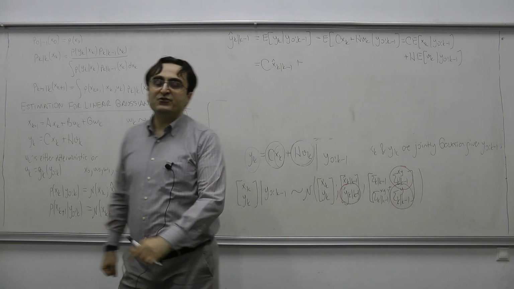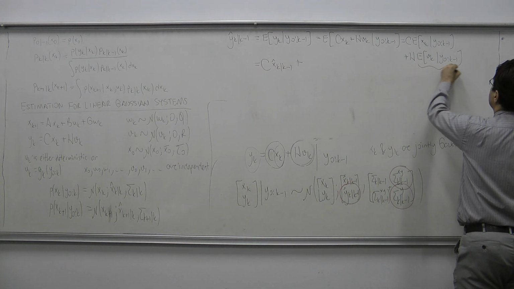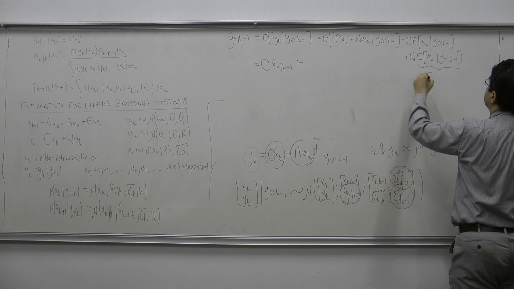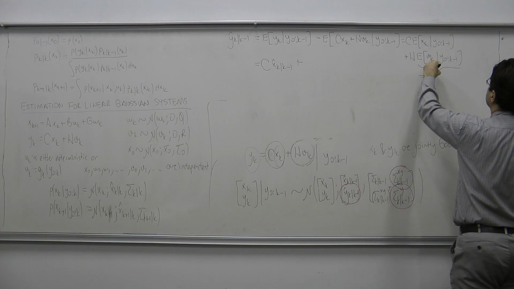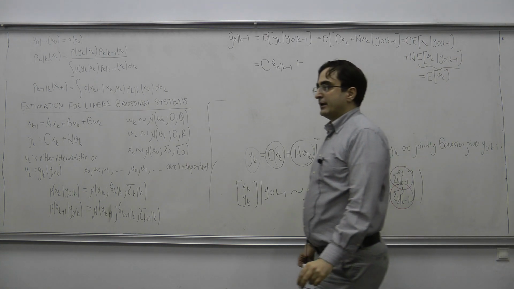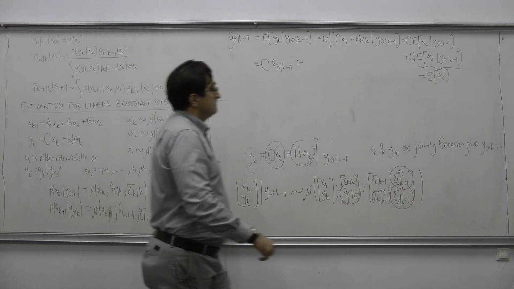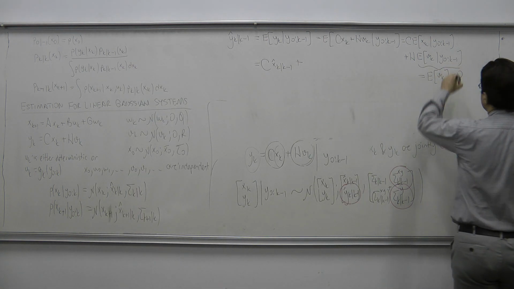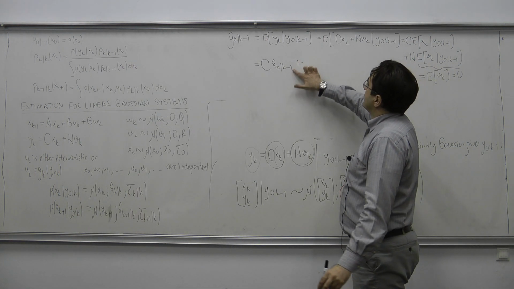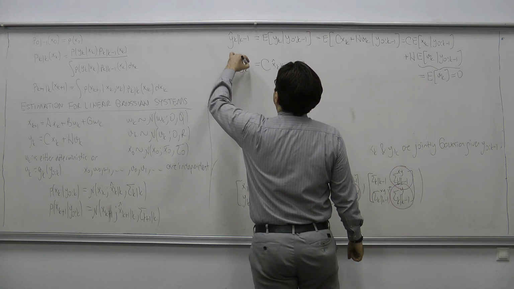I know that v_k is independent of y_0^k. So that means that in this expectation, I can remove the conditioning. That's going to give me the expected value of v_k. But the expected value of v_k is 0. So as a result, there is no summation here. I would need to add just 0, but we don't need to do that.